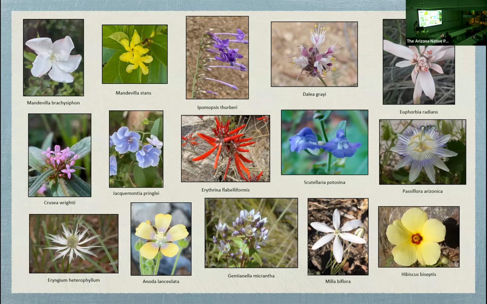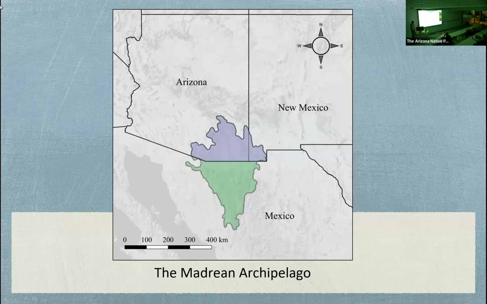So I was interested in looking at the distribution of these subtropical plants. And here's our study area, which is the overall Madrean Archipelago ecoregion. You can see the top portion of the ecoregion is the US. This is just what we're referring to as a region because basically I'm delineating it based on an arbitrary international boundary.